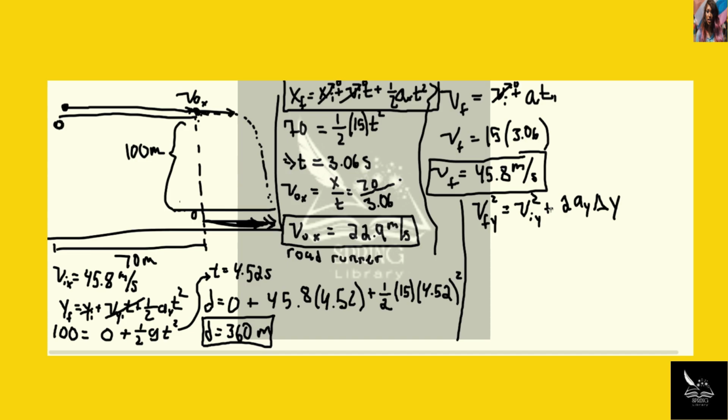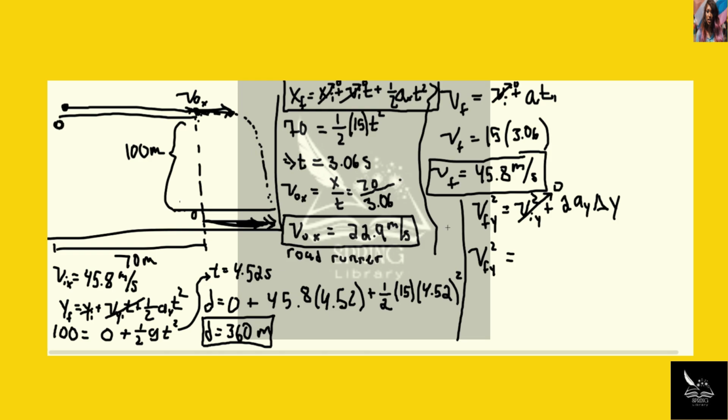So we'll do that real quick here. We have quite a bit of information here already. We'll leave this guy alone. V final y squared. We have no initial velocity in the y direction. That goes to 0 because all of our initial velocity is horizontal.